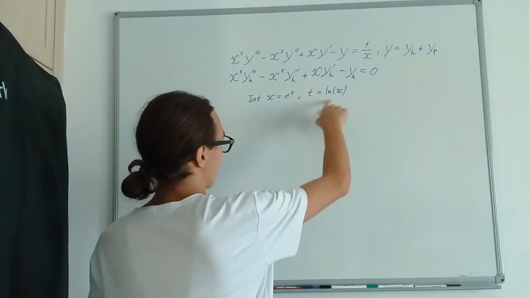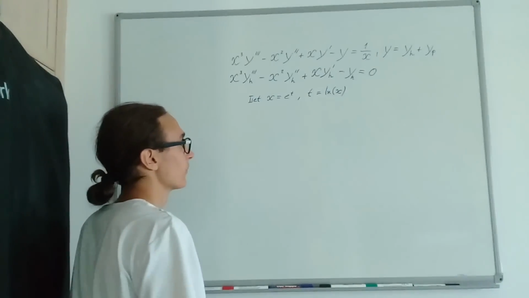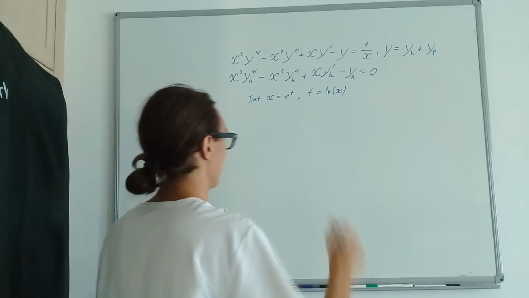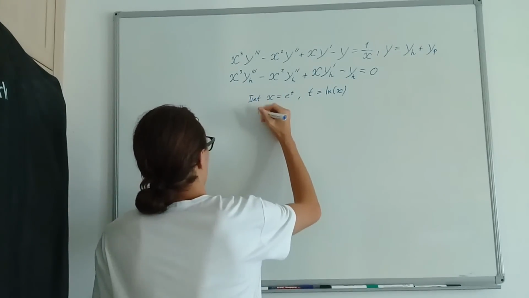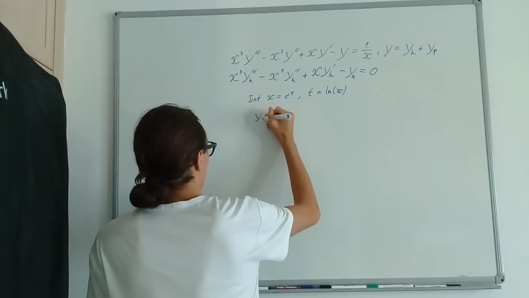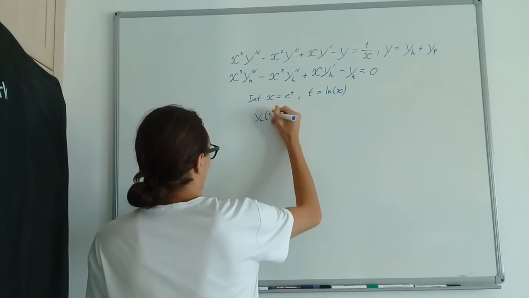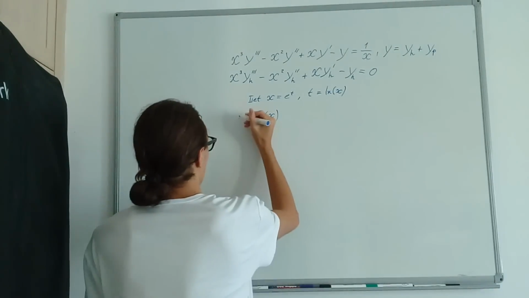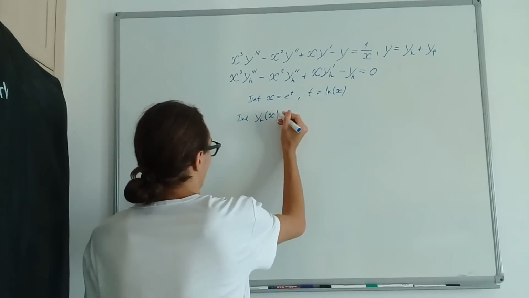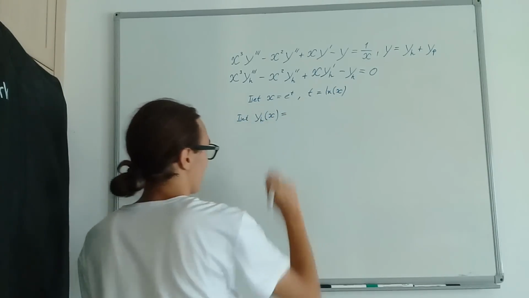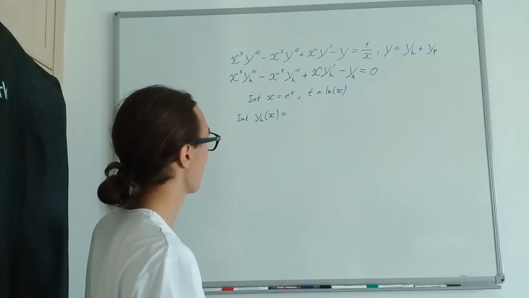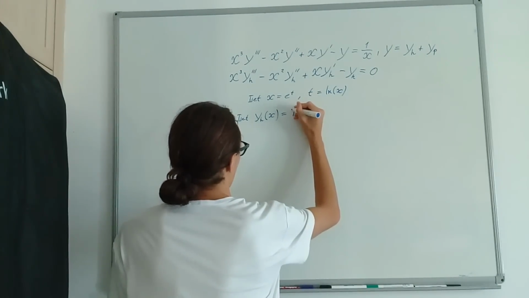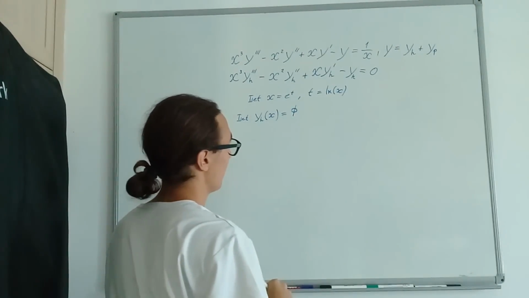Anyway, so this is our t, right? Logically. So now we're gonna have to substitute this y of x with something. We have this function y h depending on x. Now let this y h of x equal some different function, quite arbitrary, like phi, for example.